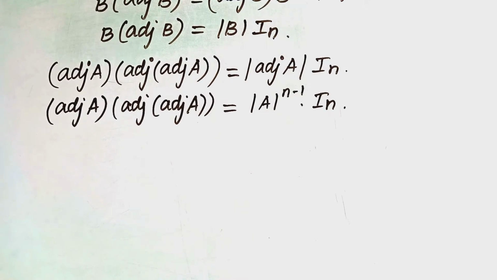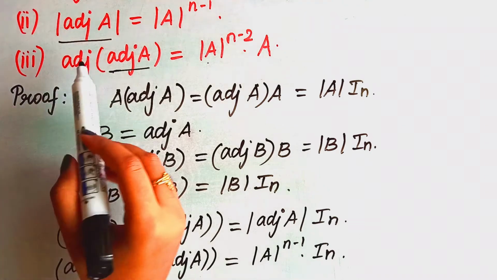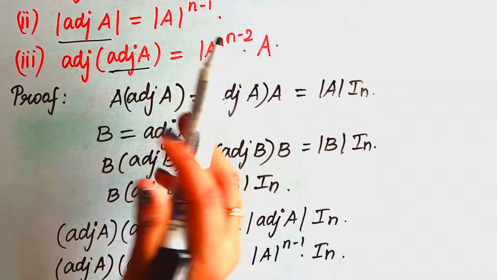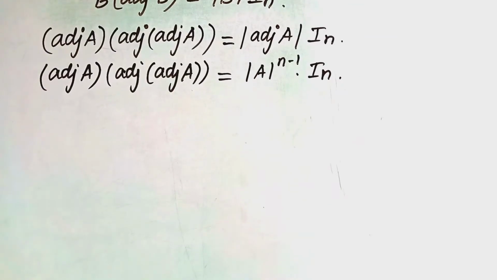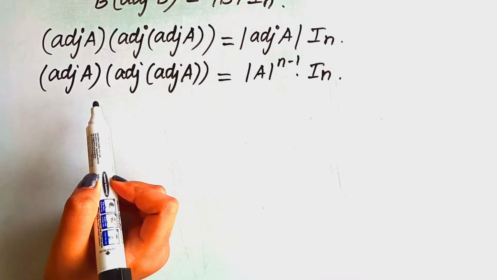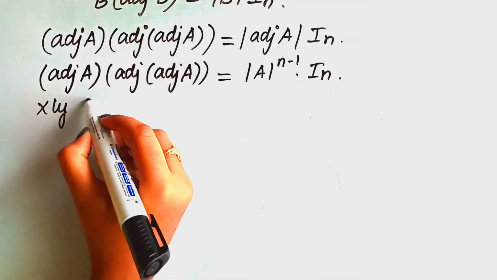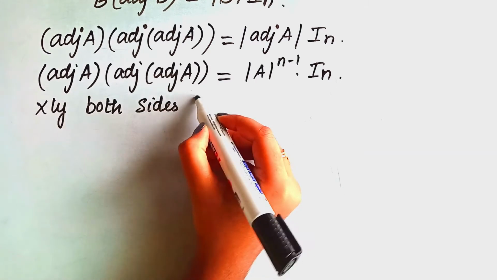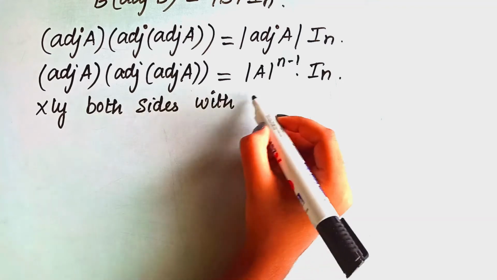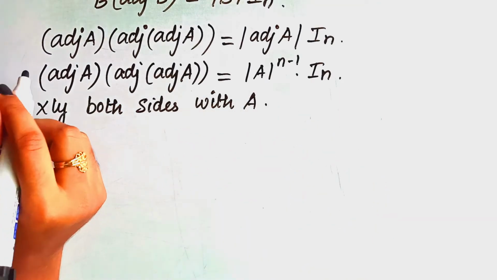Okay, and now we have to see our question. They have given adjoint of adjoint of A in the left hand side, right? So what you have to do, you have to cancel this adjoint of A. So for that, what we are going to do, we are going to multiply both sides with A. Now we are going to multiply A so that we can cancel this adjoint of A here.